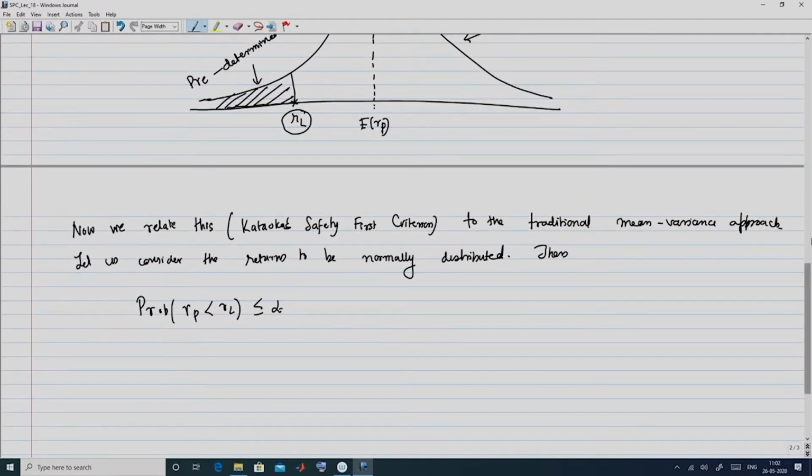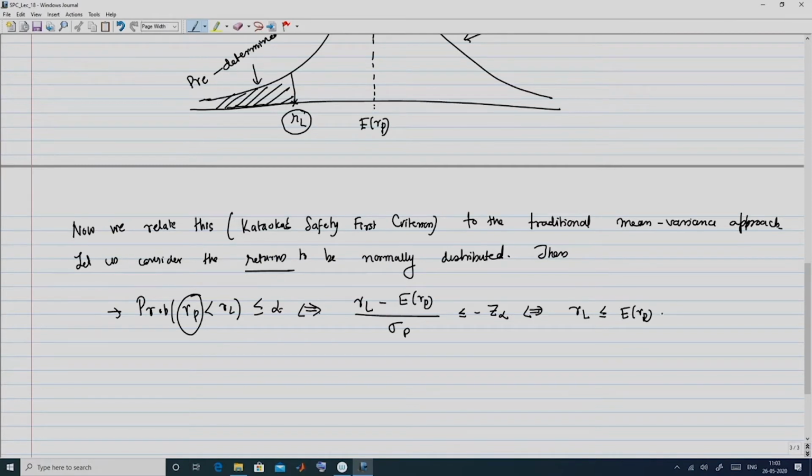Okay. So now coming back to this probability of Rp less than RL is less than or equal to alpha. What does this mean? This means that since I have assumed that the returns are normally distributed, that is your Rp is normally distributed, this condition then reduces to (RL minus E of Rp) over sigma p is less than or equal to minus some z alpha, which implies that RL is less than or equal to E of Rp.